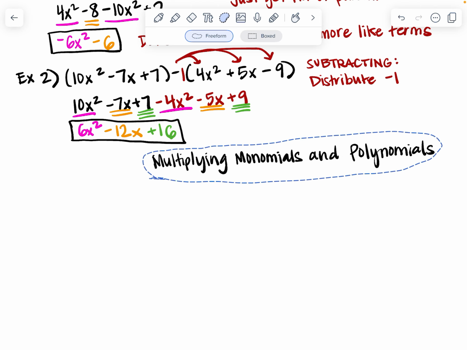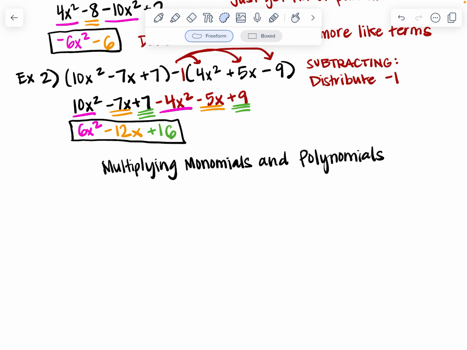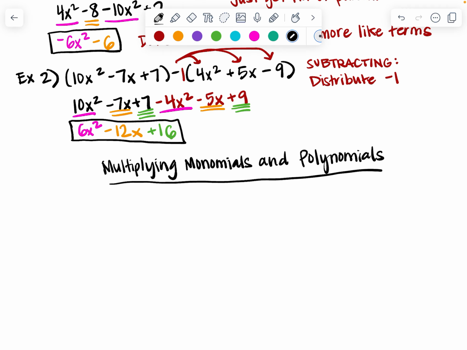Monomials just have a single term, polynomials have multiple terms. So let's multiply two monomials. We have 10x to the power of 4 times negative 10x to the power of 5.